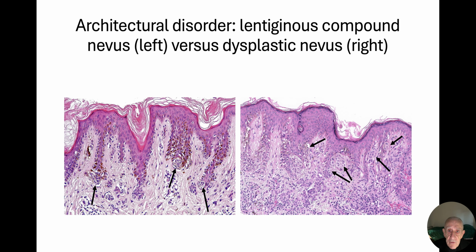So on the left we have a lentiginous compound nevus showing the junctional nest at the tips of the rete ridges, and on the right there's very good architectural disorder. You can see that in addition to a nest at the tip of the rete ridge, they're also present along the sides, and these are arrowed to highlight that.